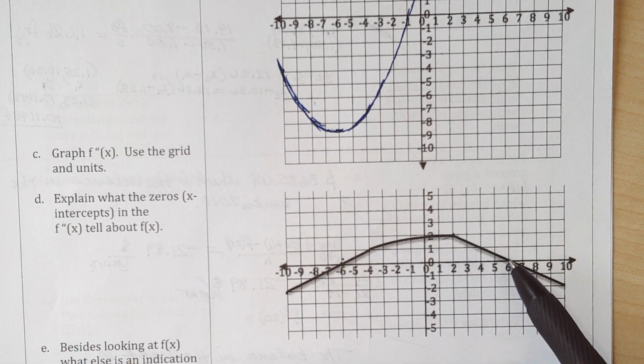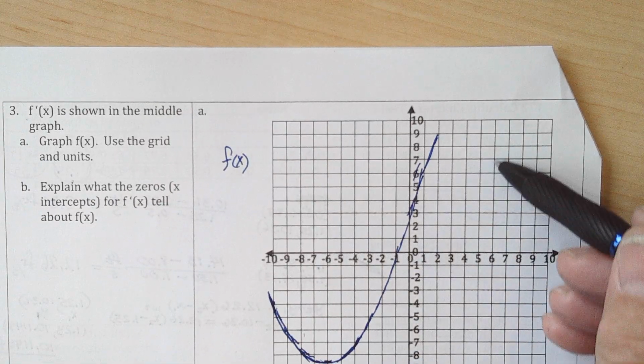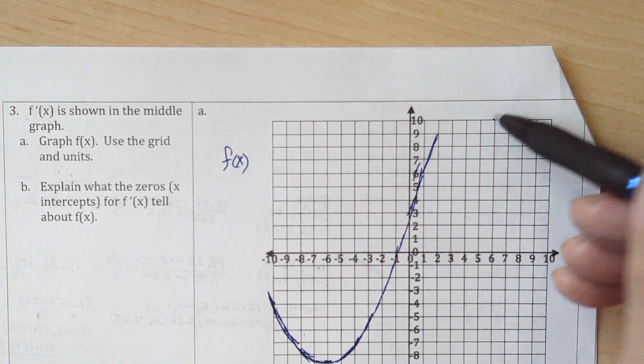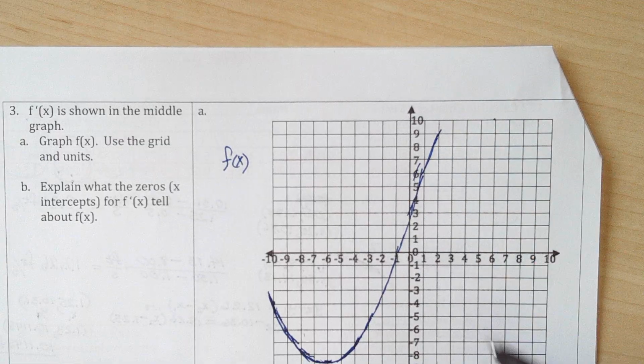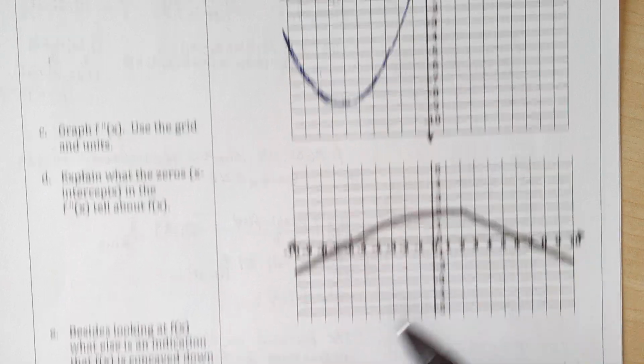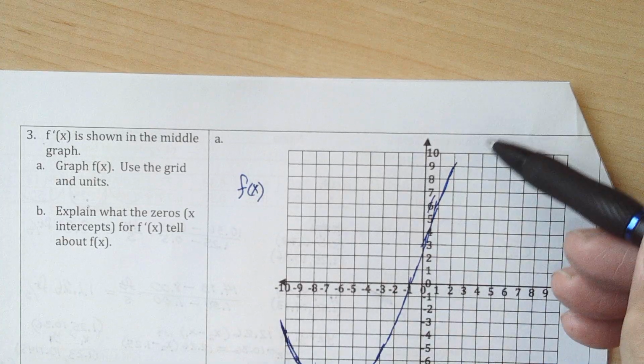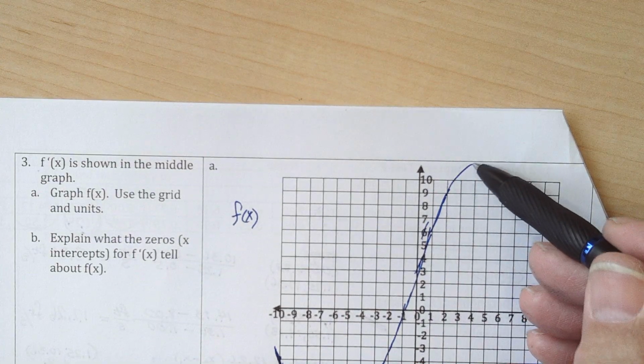Then by 6, it goes back to a slope of 0. Well, 6 is here, and by then it's got to go back to 0, and it's kind of like the steepness here is the steepness here, but reversed. So it's going to be kind of like this parabola shape going back.